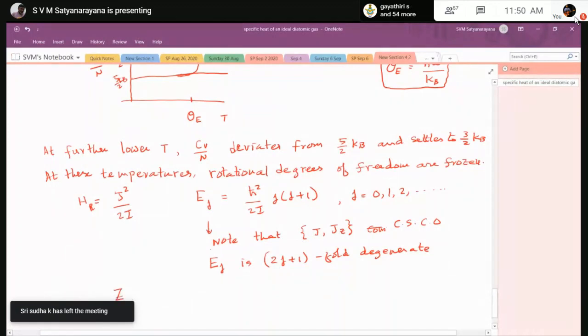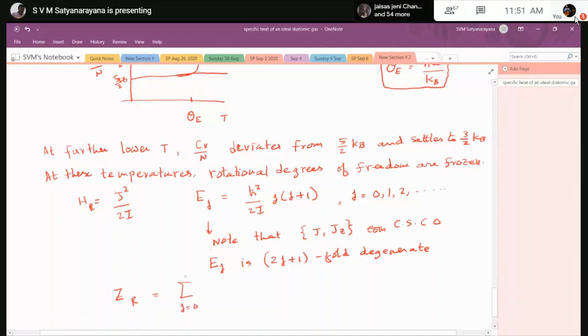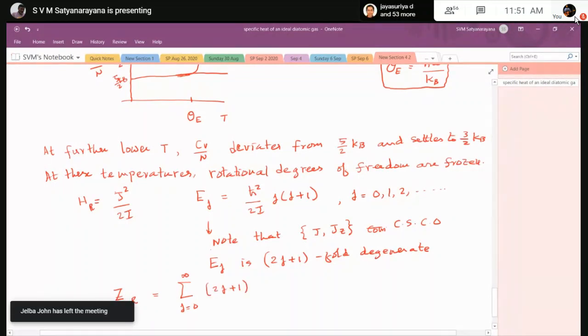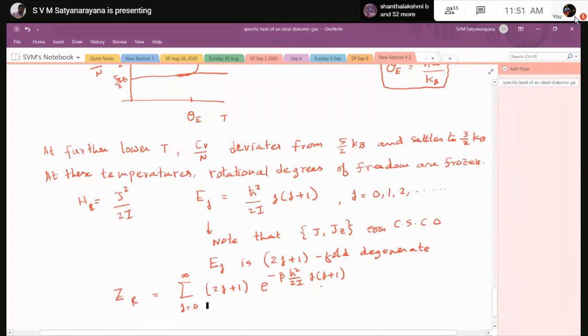The rotational partition function can be found by taking the sum over j equal to 0 to infinity, where I have 2j plus 1 as the degeneracy or multiplicity of each energy, times e to the minus beta h bar square by 2I j into (j plus 1). So this sum has to be evaluated.